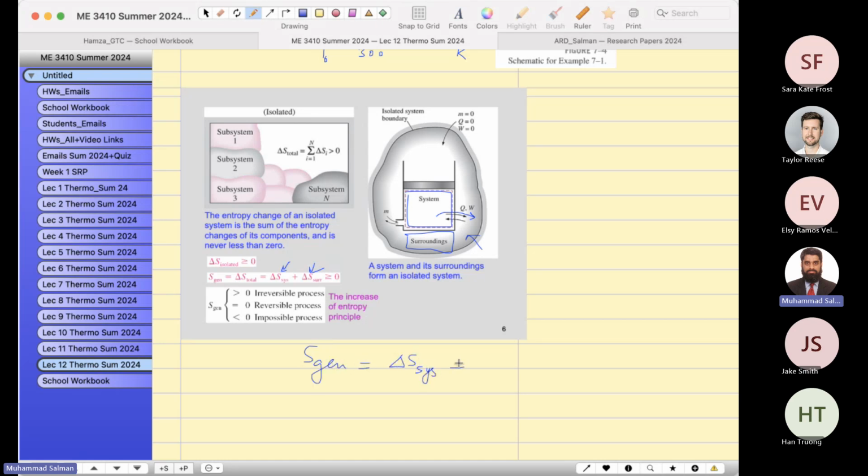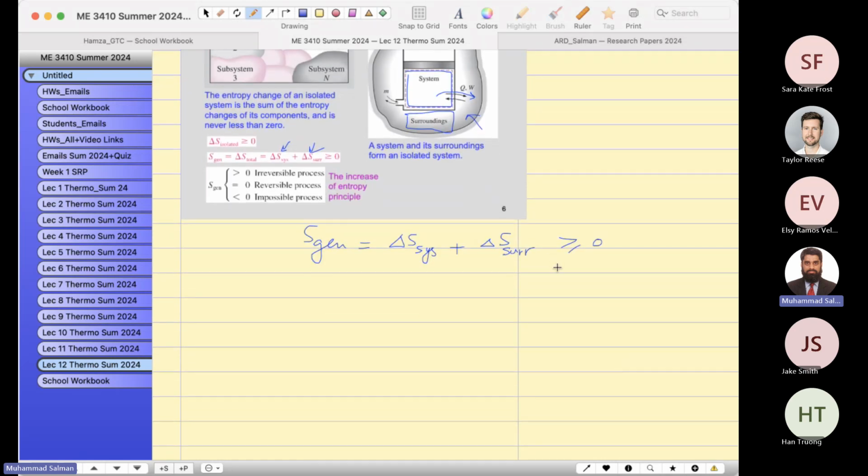Remember, system and the final initial change of the entropy of the surroundings. If you add those two together, the answer will always be greater than zero. Make sure you understand this concept. It is only equal to zero when there are perfectly reversible processes.